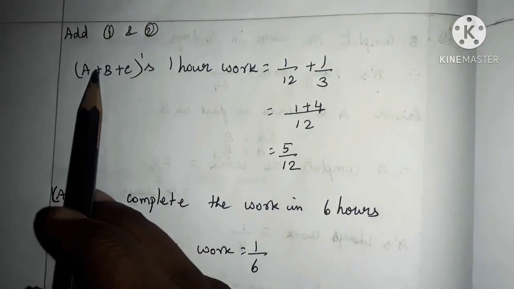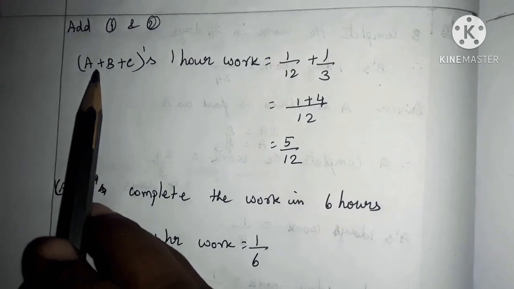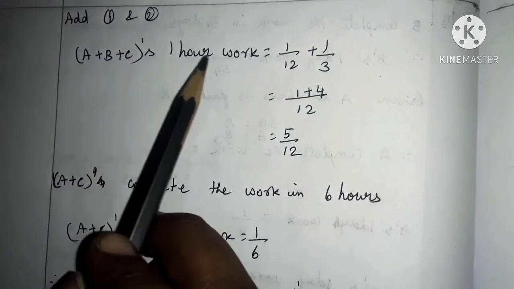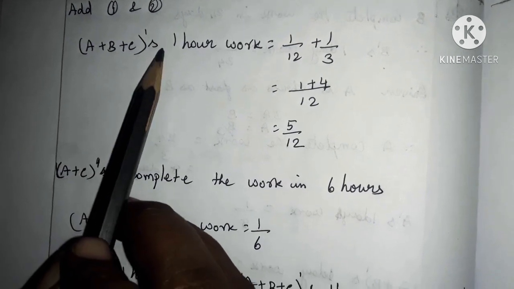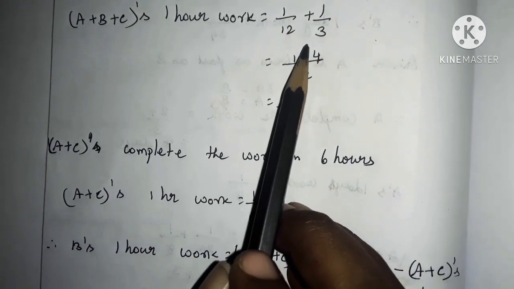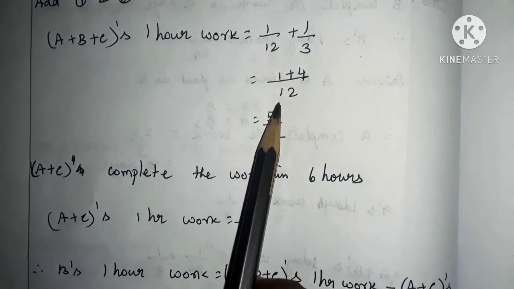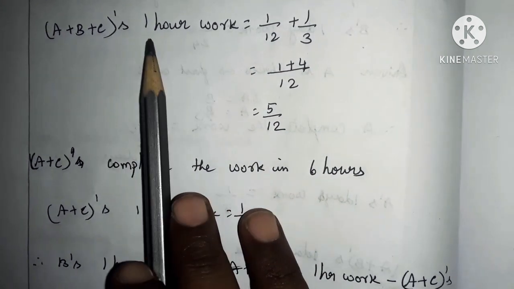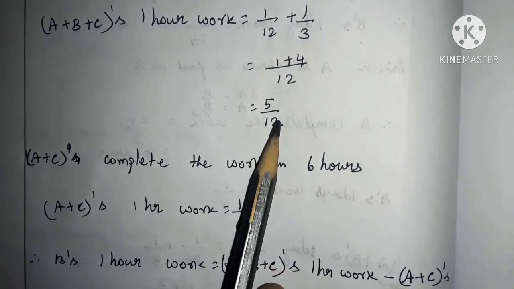When we add these two, we get A plus B plus C, that is, A, B and C's together work. That is, A plus B plus C's 1 hour work is equal to 1 by 12 plus 1 by 3. If you take the LCM, we get the LCM as 12. Then we add the numerators, we get A plus B plus C's 1 hour work is equal to 5 by 12.